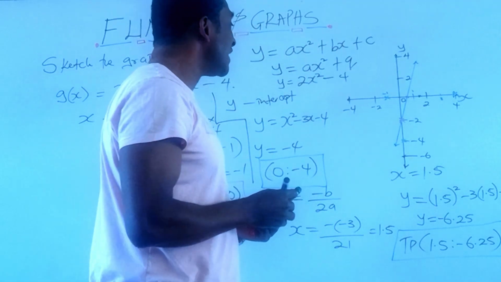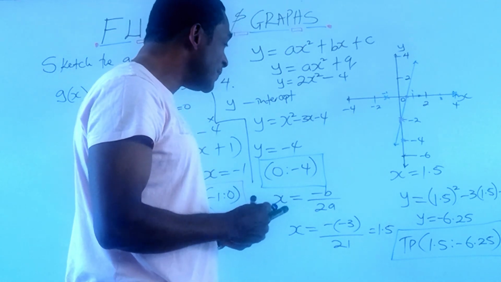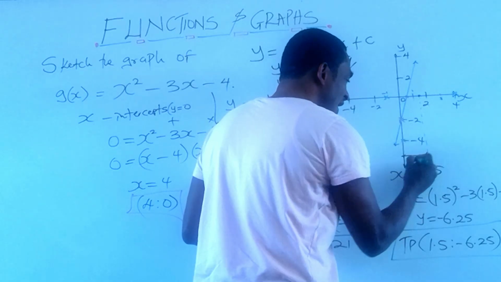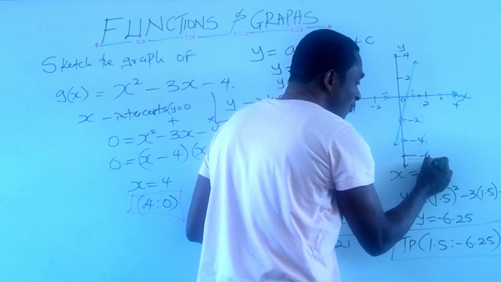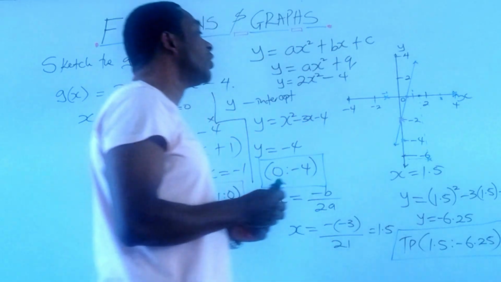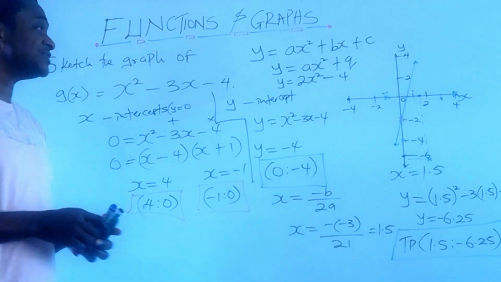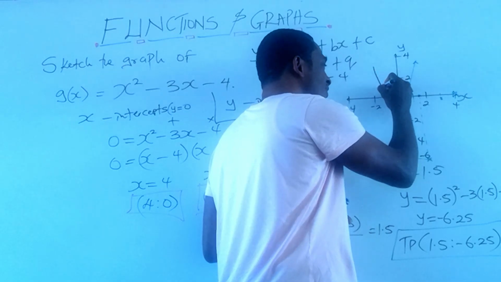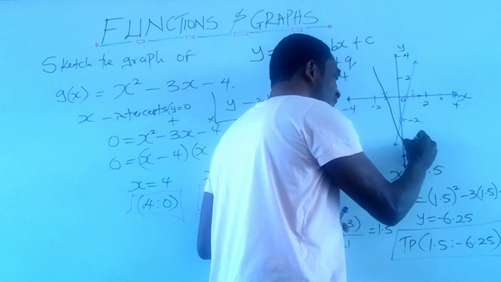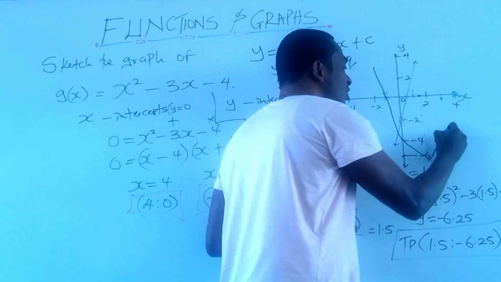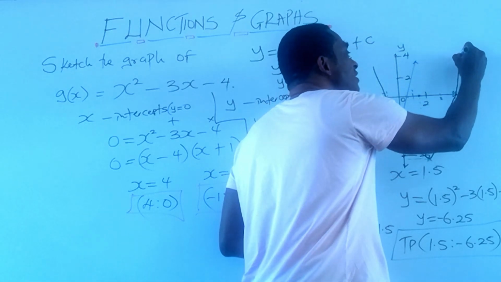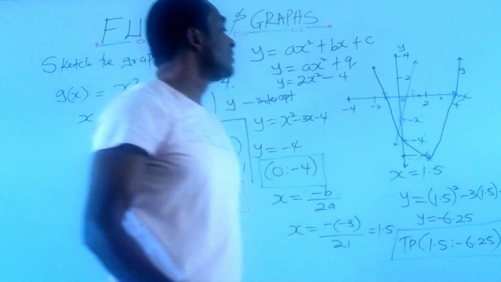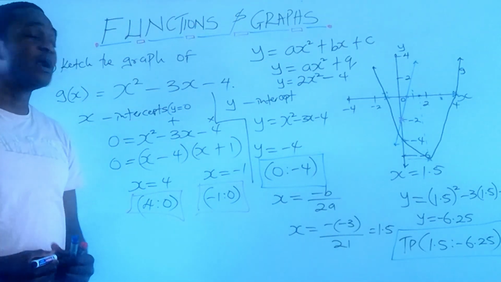And then it means that my turning point will be 1.5 for x and negative 6.25 for y. Now I can join all these points using a freehand sketch. Remember, it's supposed to generate a curve. Then this will be my graph. Make sure you don't draw beside the points, it must be exactly on the points. And this will be the graph of g, which is my parabolic function.